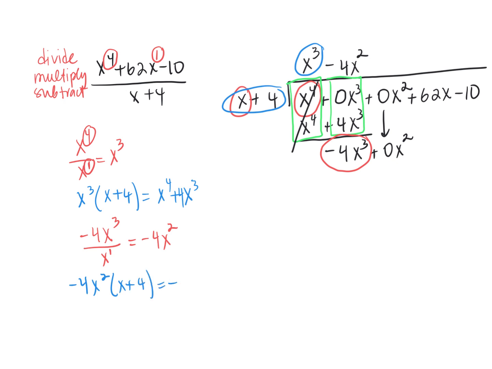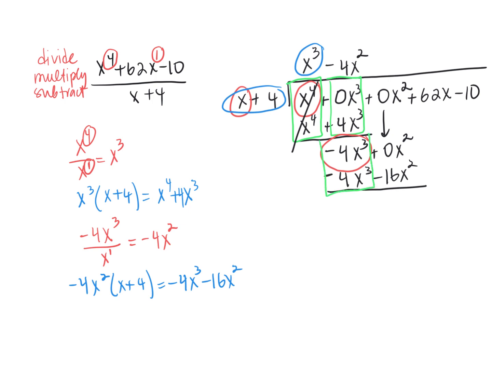That gives us negative 4x to the power of 3 minus 16x to the power of 2. The result of multiplication goes below the box, negative 4x to the power of 3 minus 16x to the power of 2. And now we do the green step, which is subtraction.